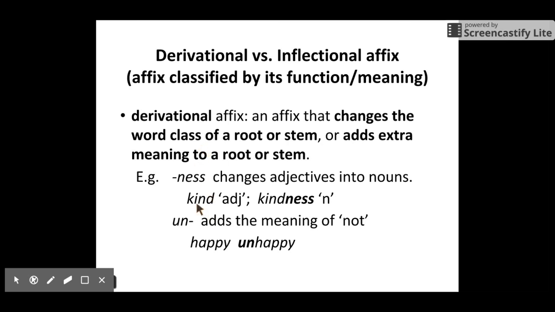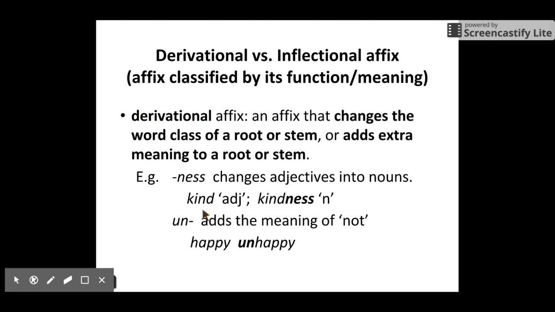For example, here we have kind, and we attach -ness to kind. Then we get kindness. Kind is an adjective, and kindness is a noun. In other words, this affix -ness changes the part of speech of kind. So this would be a derivational affix.